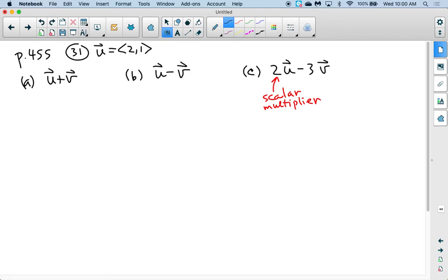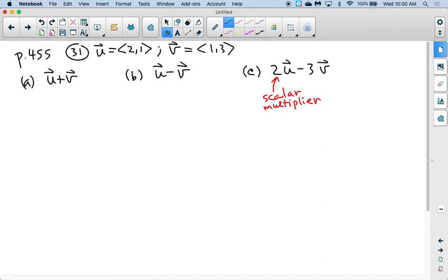So 2, 1, and then V is equal to 1, 3. Remember, these are the terminal points. The initial points are 0, 0. And all you need when you have component form are the components. When you're doing addition, subtraction, or finding magnitude or direction, you just need the components.